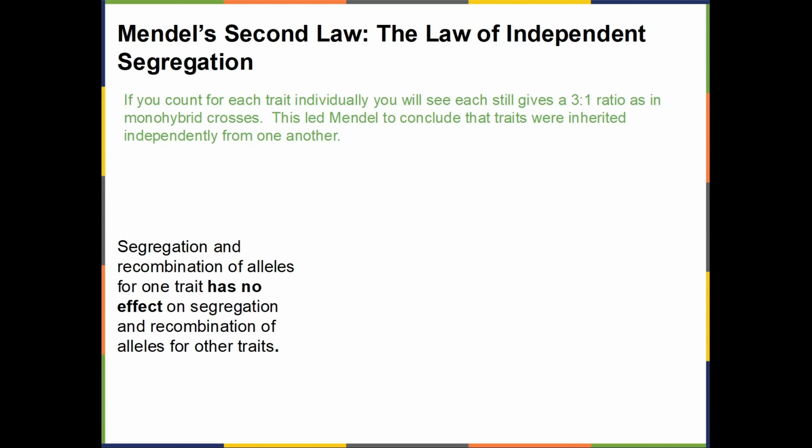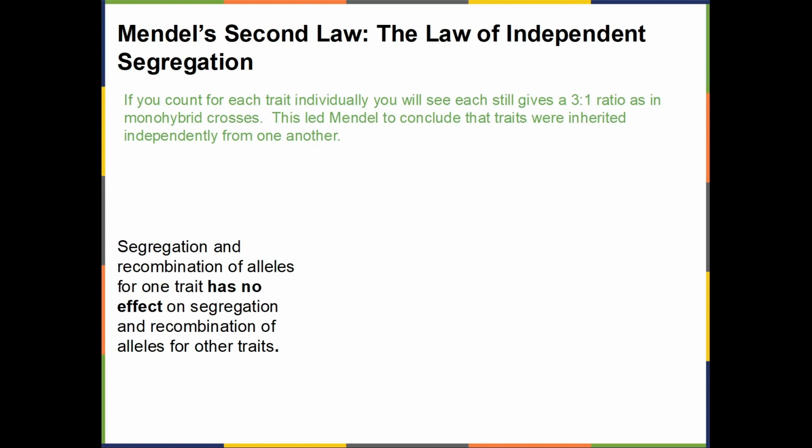Basically, the idea is that the segregation and recombination of alleles from one trait has no effect on the segregation and recombination of alleles for another trait. Look at the mechanics of this. We're talking about the movement of chromosomes in meiosis, right?